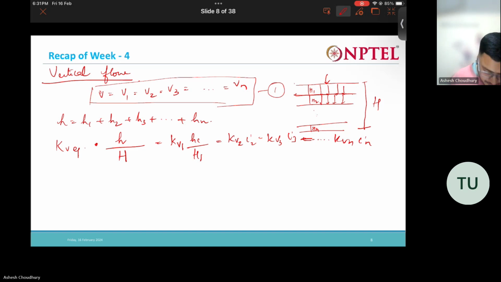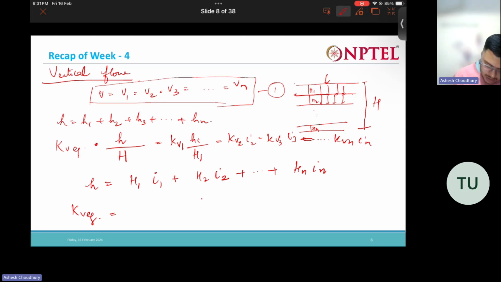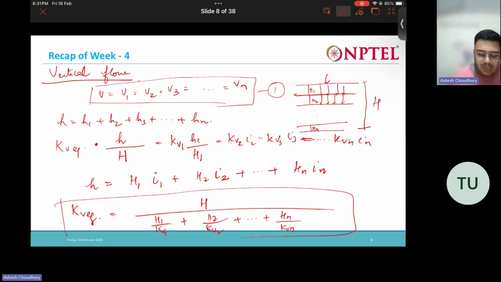Therefore, you can write H is equal to H1 i1 plus H2 i2 plus dot dot plus Hn in. From here you can write KV equivalent is nothing but H divided by H1 by KV1 plus H2 by KV2 plus dot dot dot Hn by KVn. This is the relation for vertical flow.